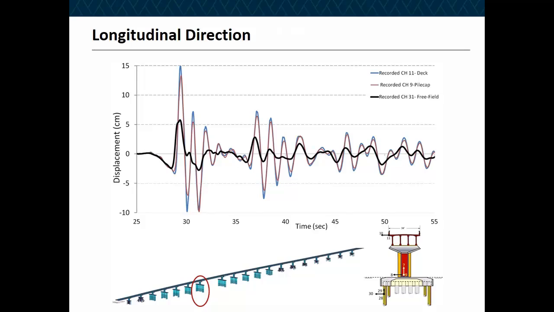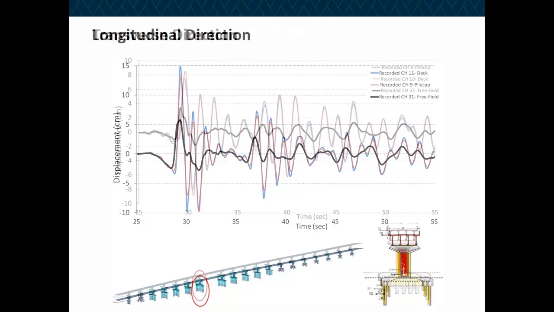Channel 9 and channel 11 are recorded motions at the bottom of the column and top of the superstructure. Looking at the recorded motion, especially channel 9 and channel 11, it appears that, first of all, they move in phase, and it appears that we almost have a rigid motion at the bottom of the column and the top of the superstructure. That means it pretty much moved in phase. That's in the longitudinal direction.